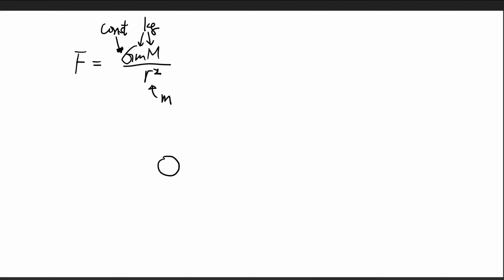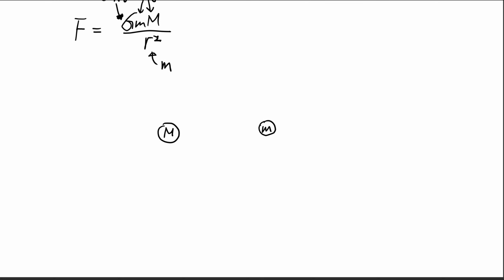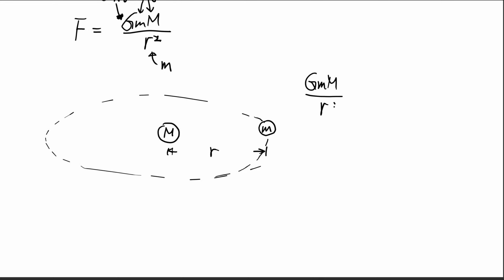But if we assume the big M is stationary in space, and the small m is rotating around the big M, and the distance between the two masses is r, then we can say the gravitational force acting on small m equals the centripetal force acting on the small m.